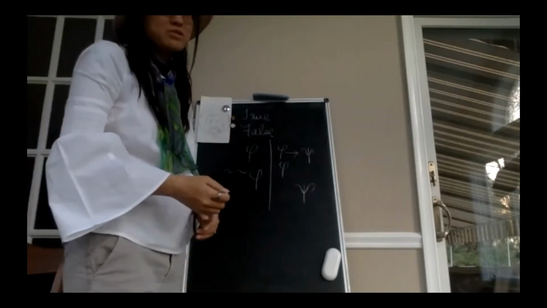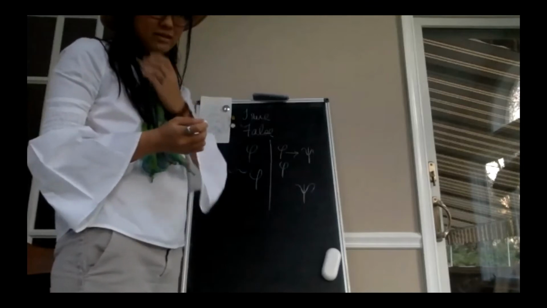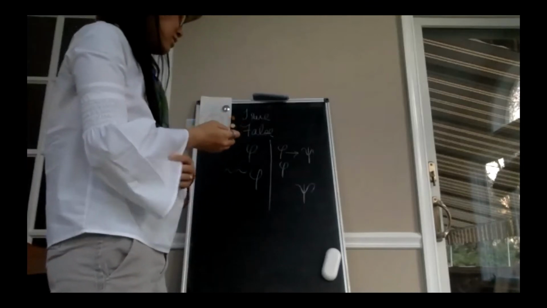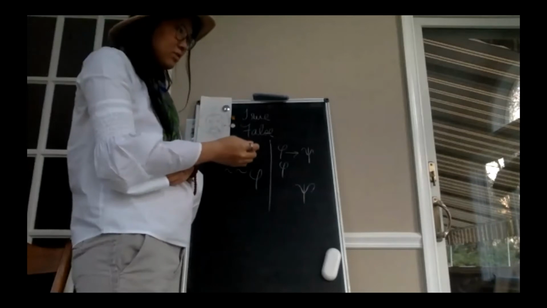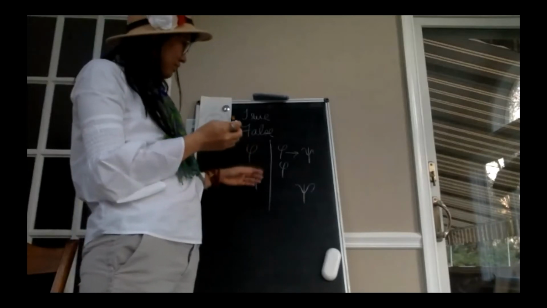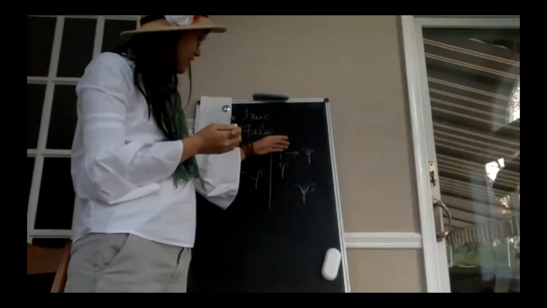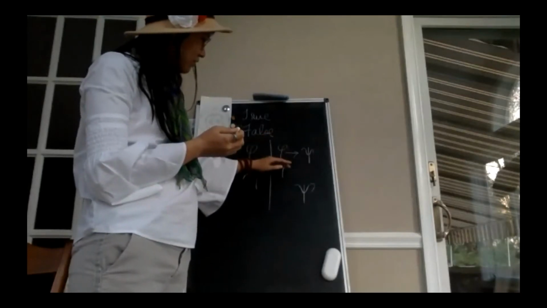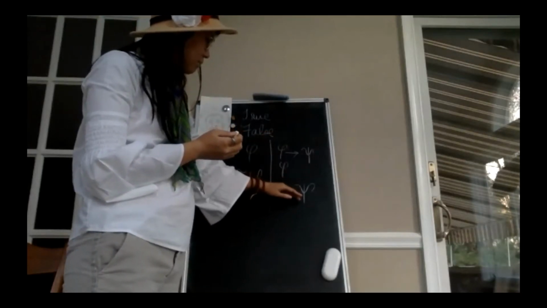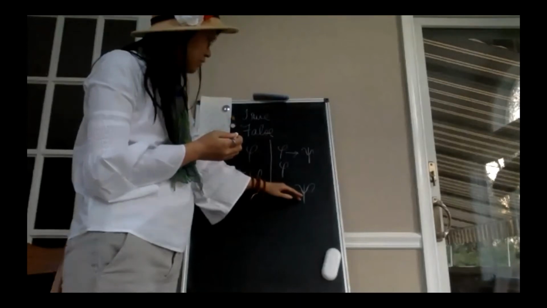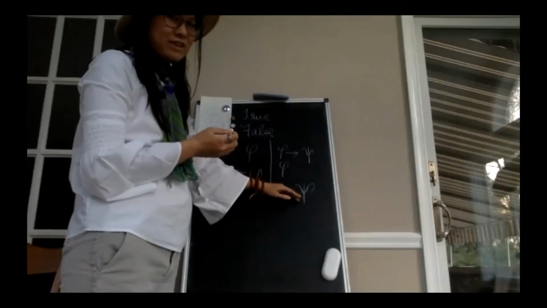This is called modus ponens. These are 2 examples of inference rules that allow us to take well-formed formulas and create some new formula out of them.